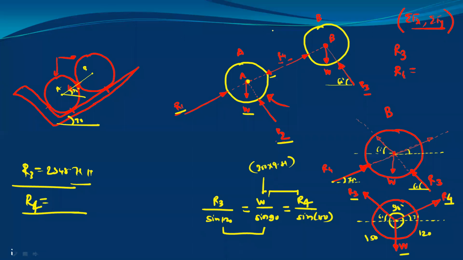Lami's theorem is only useful when there are 3 concurrent forces. So for the sphere A, you can use the normal procedure of summation Fx, summation Fy, and get the values of reactions R1 and R2. You must get the same answer as in the previous problem.